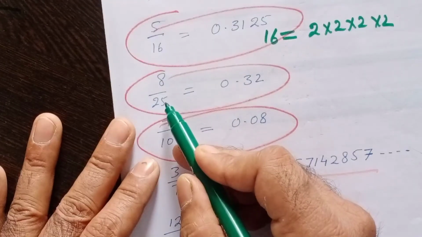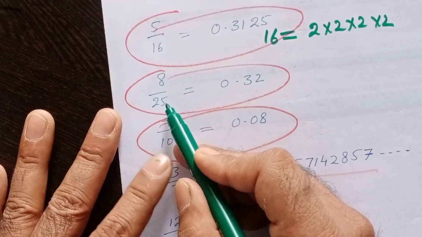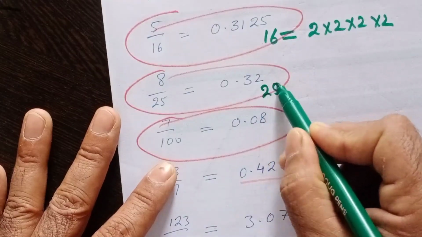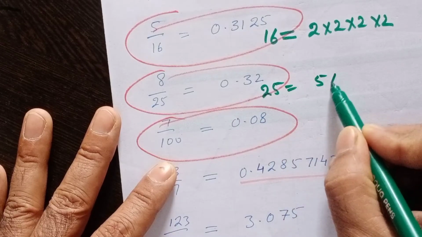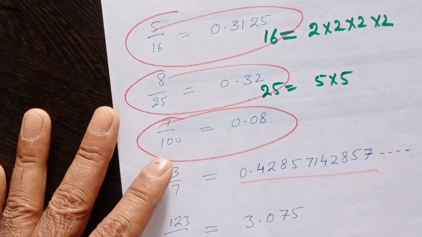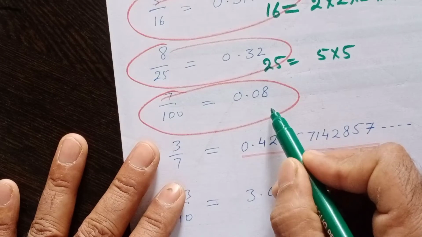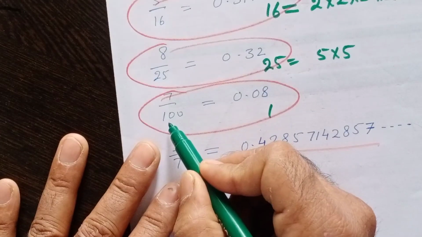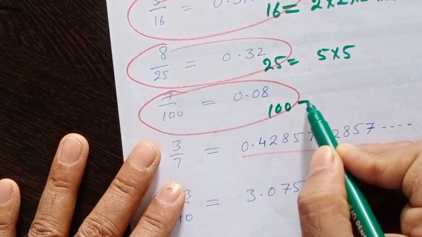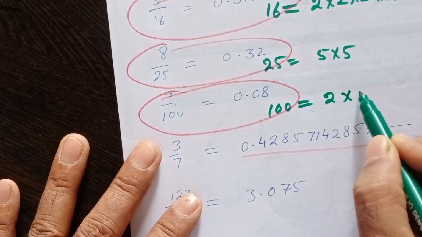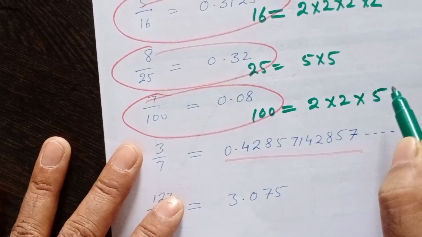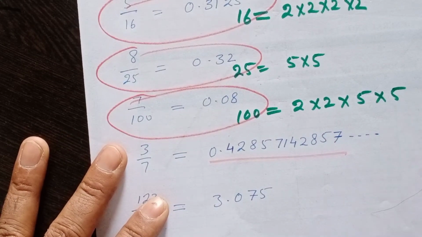Now the next terminating decimal, 25: the prime factors of 25 are 5 and 5. Similarly, here 7 over 100. If you do the prime factorization of 100, it is 2 into 2 into 5 into 5.